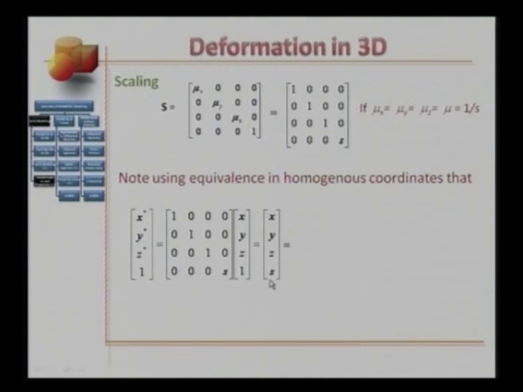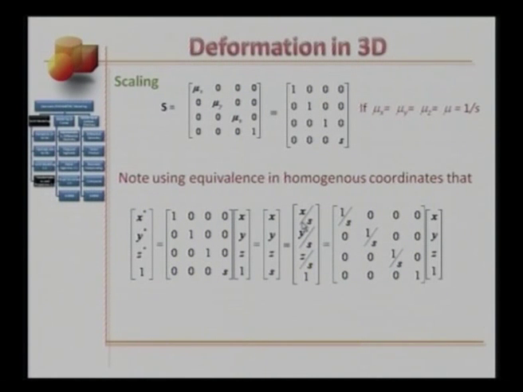And we have seen before that this column vector is equivalent to this one. If I divide the entries in this column vector by s, I'll get x over s, y over s, z over s, and 1. And this will be similar to multiplying the original position of the point by this 4 by 4 matrix with entries 1 over s at the 3 positions of the principal diagonal.